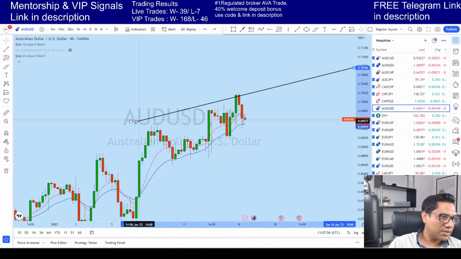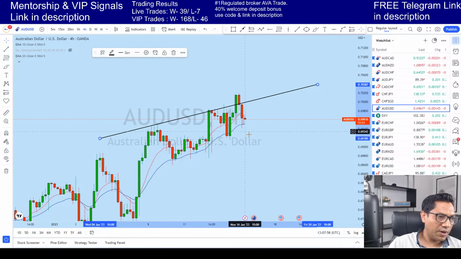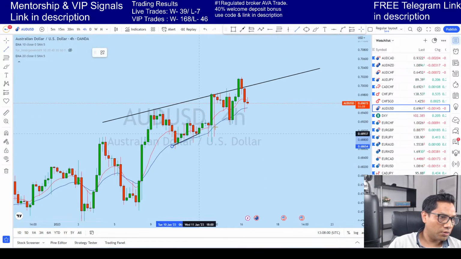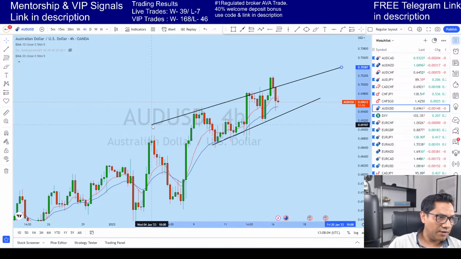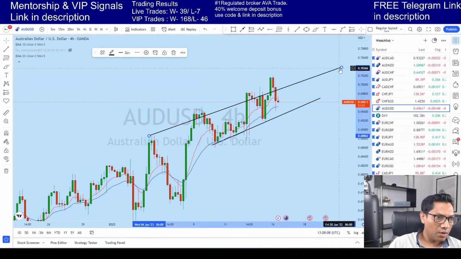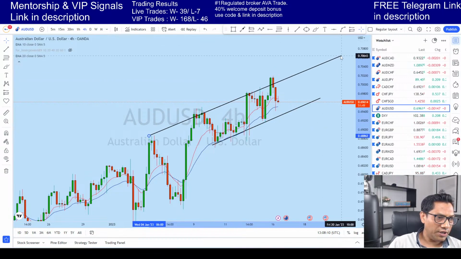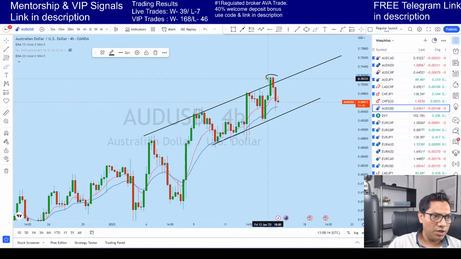So once the price breaks this support, then we know that this instrument has grabbed a good amount of liquidity.